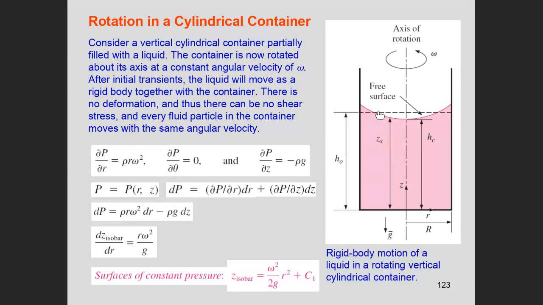Most of the industries, especially process industry, have reactants that rotate with very high speed in order to separate different parts, for example, take crude oil. If you rotate it, it gives you diesel, it gives you benzene, it gives you naphtha, right? So rotation in a cylindrical container is quite important.